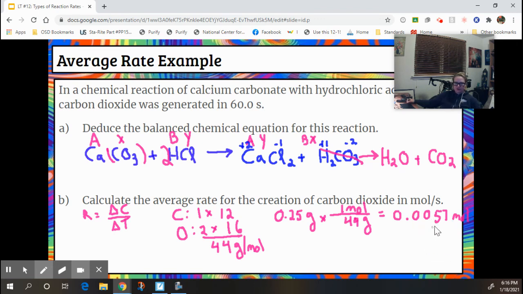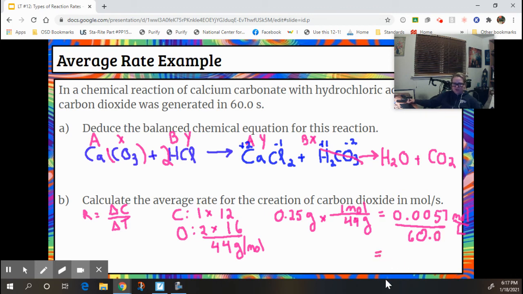Last thing I got to do here is divide that by time. We're going to pretend that that's moles per liter because we're going to assume we have 1 liter of solution. My change in time is 60 seconds. We'll assume time initial 0, so 60 minus 0 is 60 seconds. So I'm going to divide this by 60. Paying attention to those sig figs.